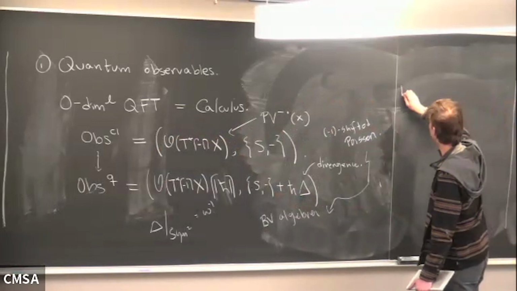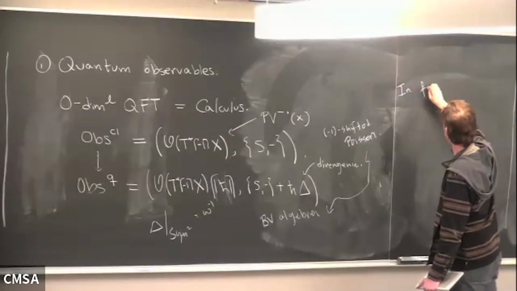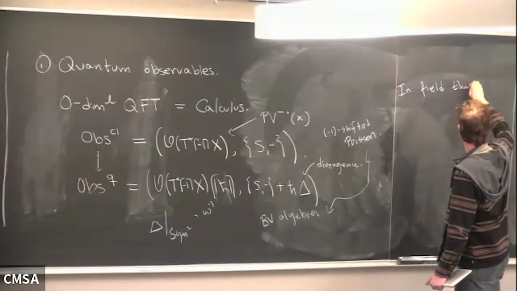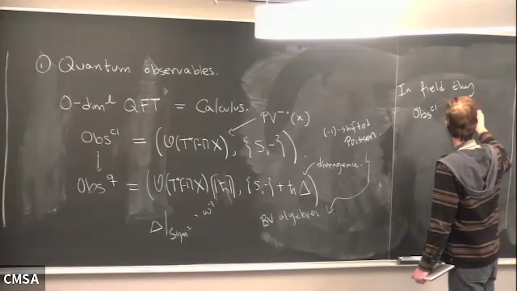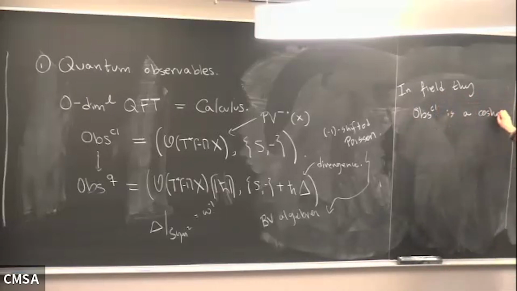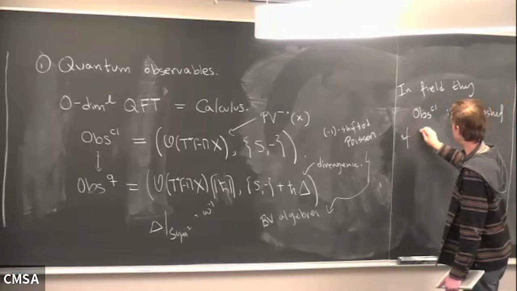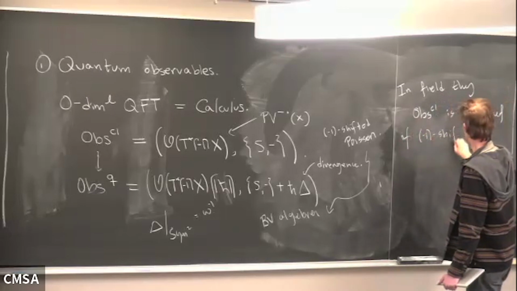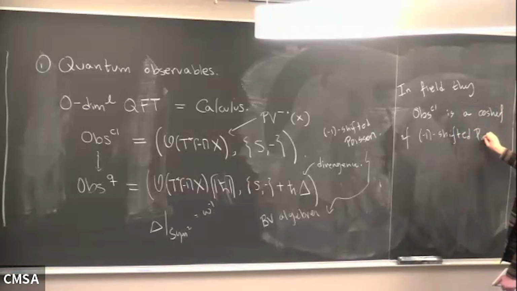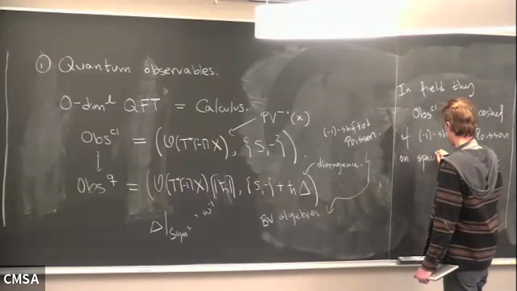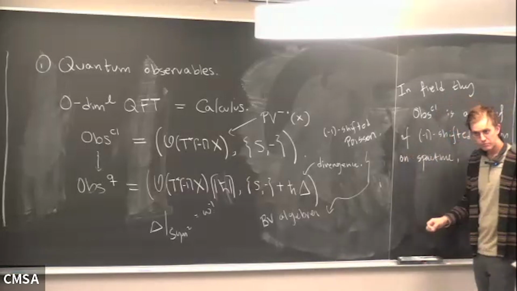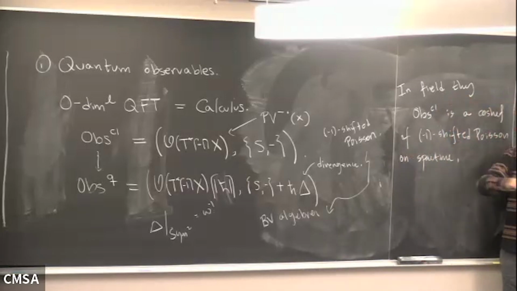So in field theory, Obs classical is a cosheaf of -1 shifted Poisson algebras on spacetime. The cosheaf property is just induced from the cosheaf property that I have on my fields.